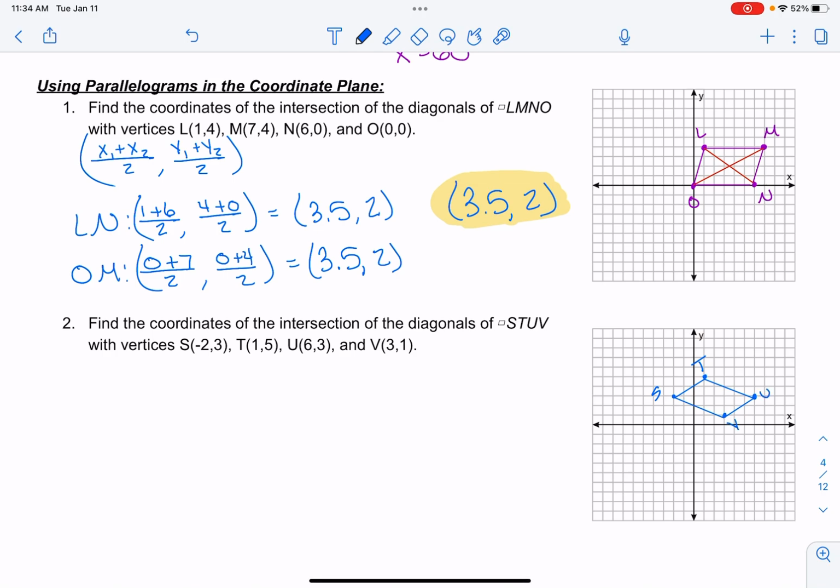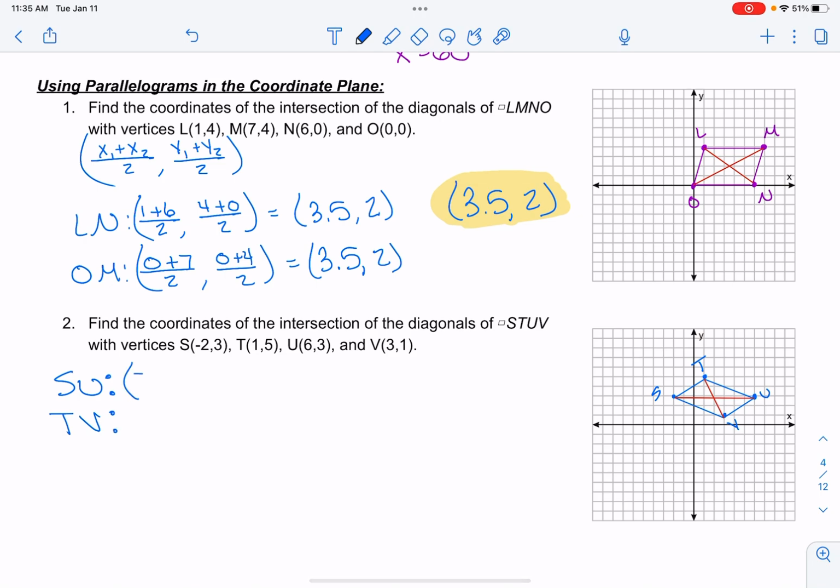All right, and so again, we are looking for those diagonals. So especially here, notice that my stuff does not look great where those lines lined up. So you can't always just look at where they intersect and pinpoint that spot. But it is nice to kind of compare to when it comes to finding these. So we have to find SU and TV.